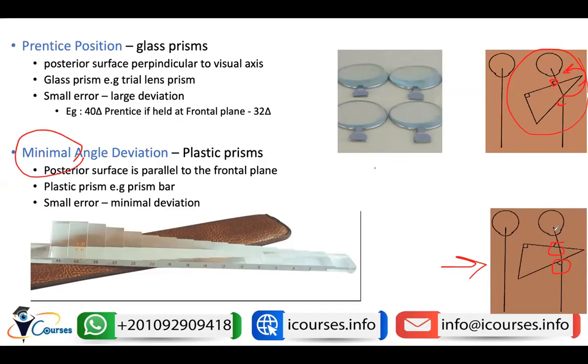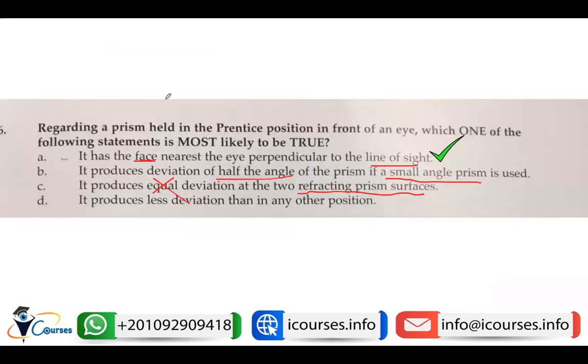So in minimum deviation, the angle of incidence will be equal to the angle of emergence. This is unlike the Prentice position. That's why in the Prentice position, a small error can produce a larger deviation. Unlike that, the statement that deviation is half of the angle of the prism if a small angle prism is used is incorrect and inaccurate.